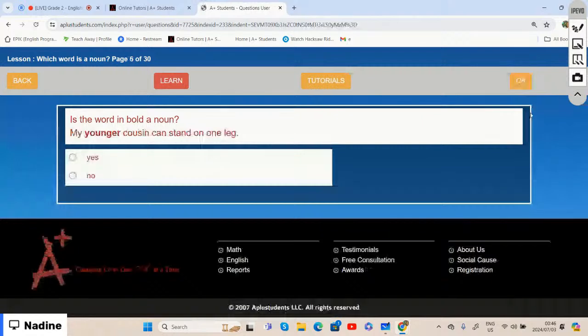So the last one. It says, my younger cousin can stand on one leg. So younger, the word younger, is that a noun? Yes, option one, or no, option two. Younger.